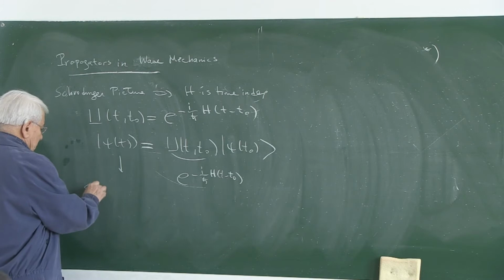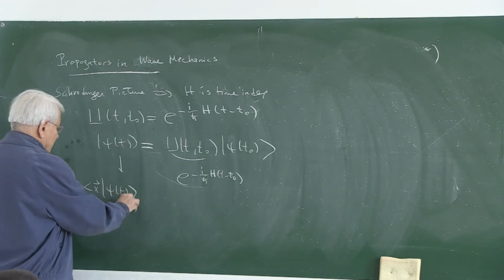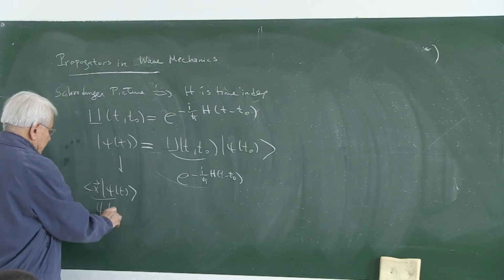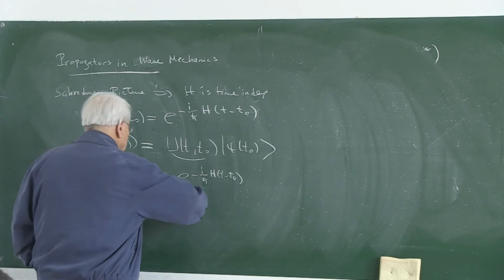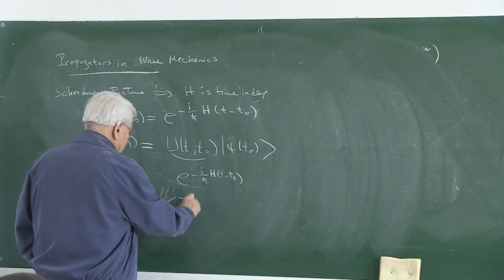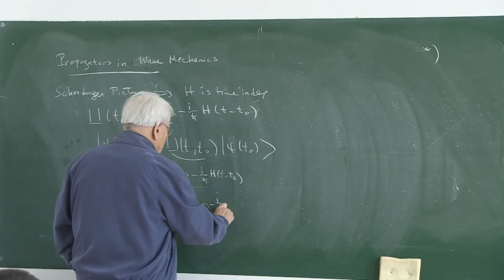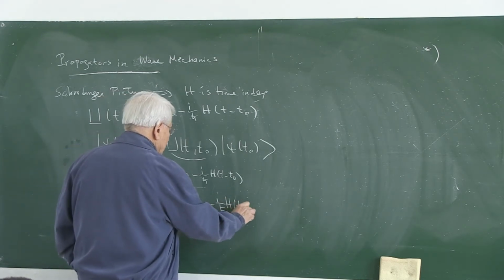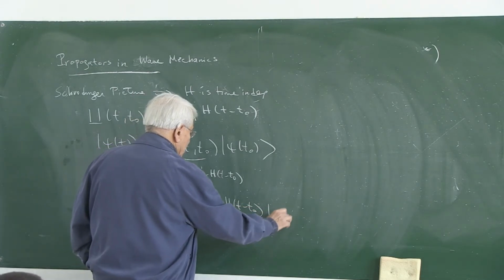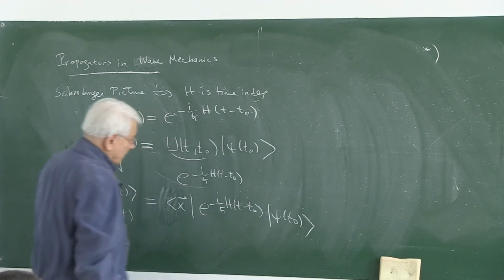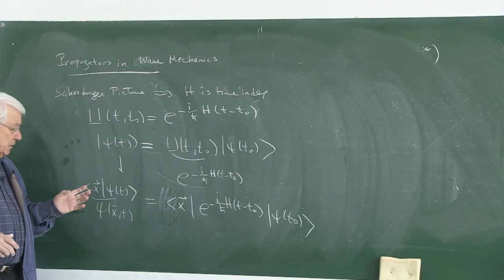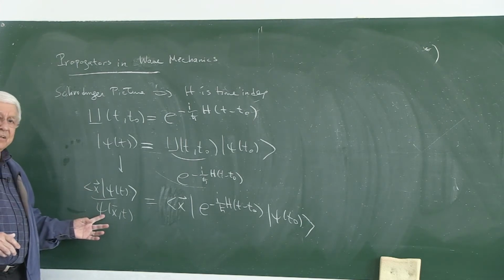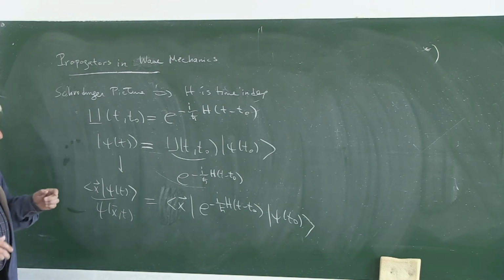I project this along the x, which will give me psi of x, t. And similarly here, d cubed x, e to the minus i over h bar H (t minus t0), psi of t0. Well, I haven't done much. All I have done is really to go from the abstract Hilbert space notation to wave mechanics notation on the left, but notice that I couldn't have done it yet on the right-hand side.